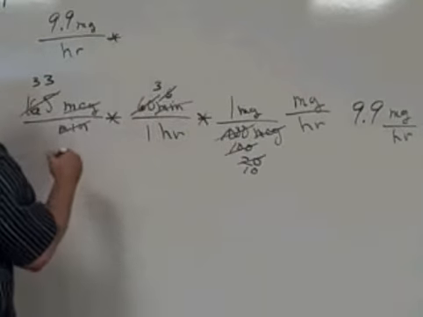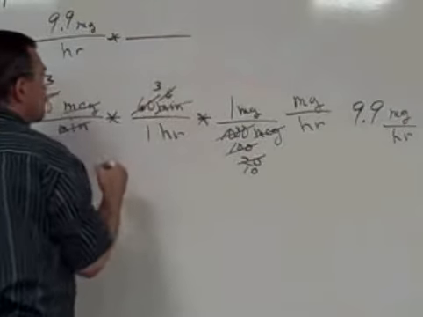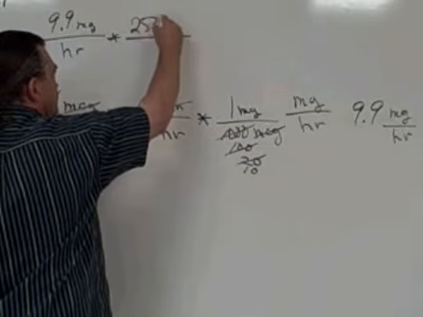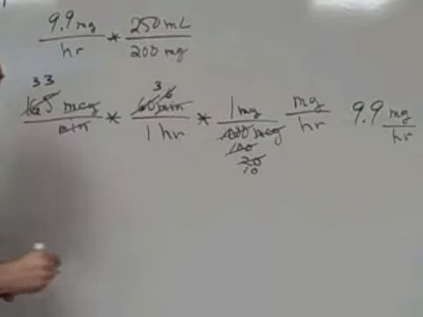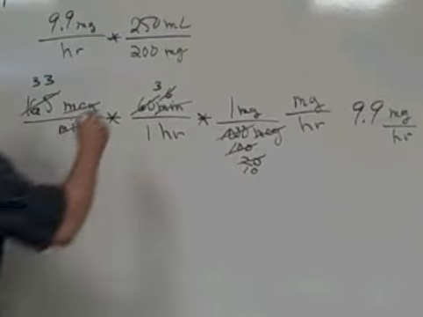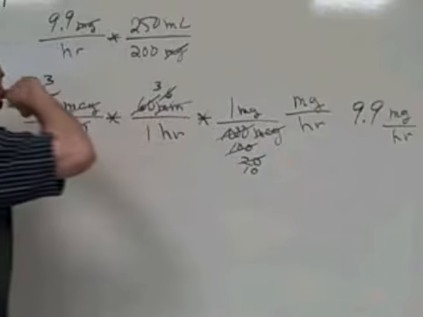And the pharmacist is going to give us a solution of 250 milliliters that has 200 milligrams in it. So could we include that conversion fraction? 250 milliliters is going to contain 200 milligrams of the drug, which would then get us to milliliters per hour.